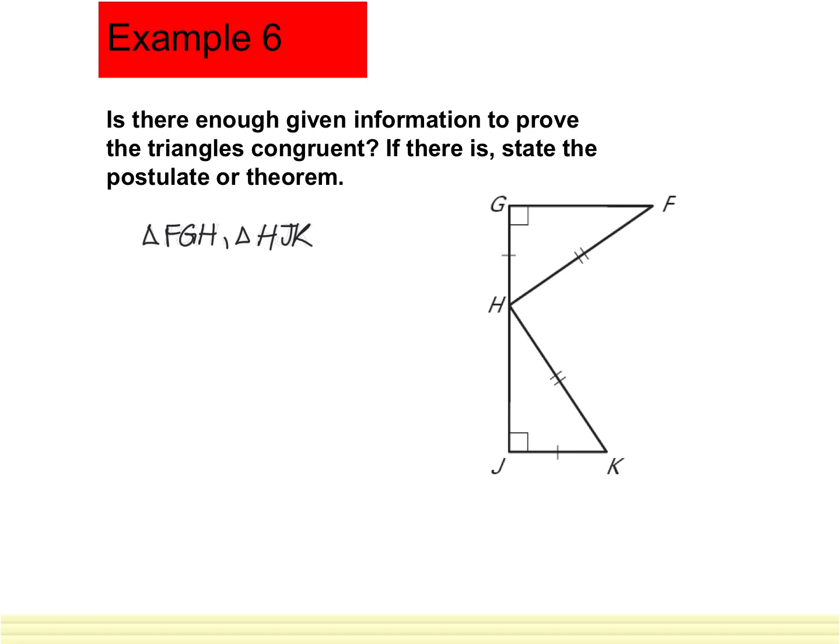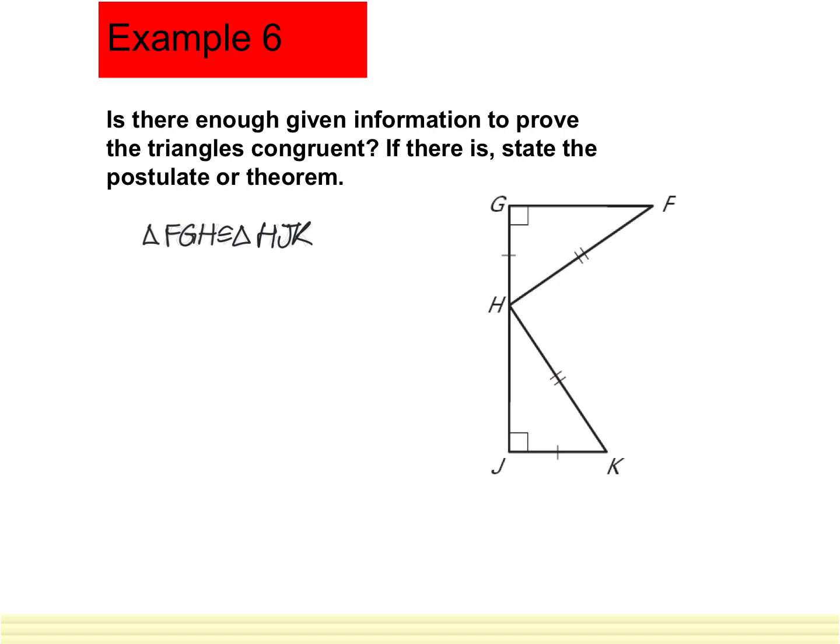Okay, so they're congruent. They want me to prove if this is true. So go ahead and try this one on your own. Prove if it's a true congruency statement. Let me actually scoot it over so you can see it better. Okay, triangle FGH is congruent to triangle HJK.